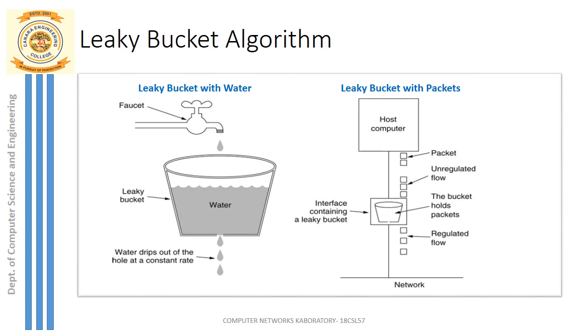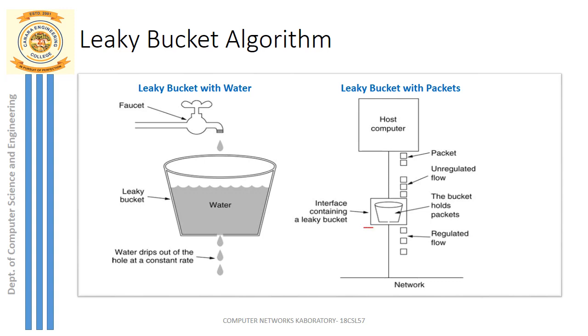The same concept we use in the network to control the flow of packets, where we take a buffer which acts as a leaky bucket, and into this leaky bucket there will be an unregulated flow of packets from the host computer. Once the packets go out of the bucket or the buffer, it will be a regulated flow of packets.